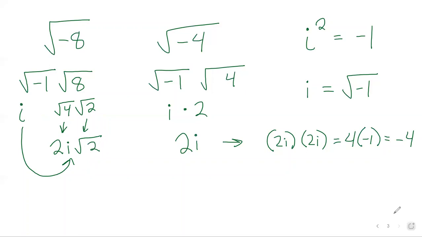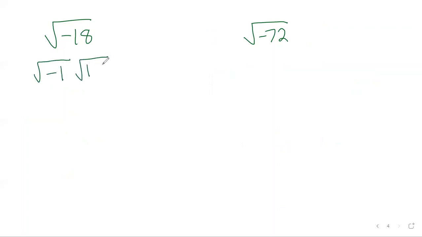Okay, we'll do a couple of practice ones on the next page here. I'll put square root of -18 and square root of -72. Again, might be a good place to pause the video and give these a try. And now that you're back, every time we have the square root of a negative, we know how it's going to start. Take out square root of -1.